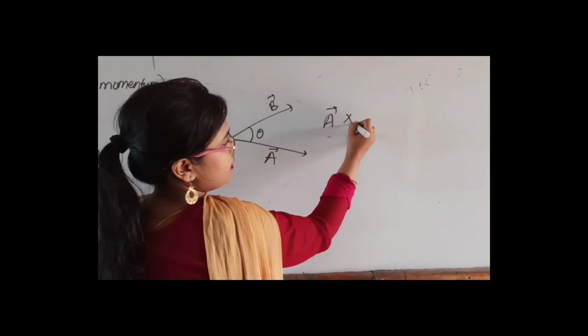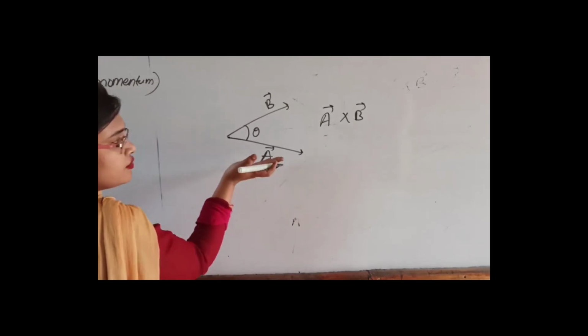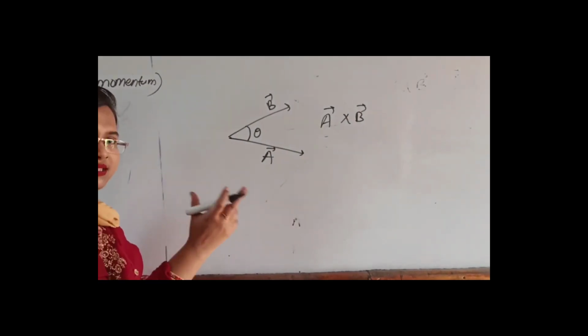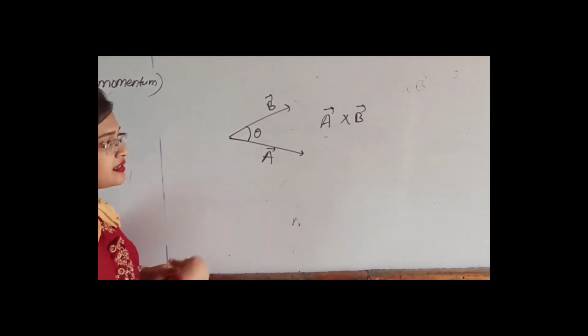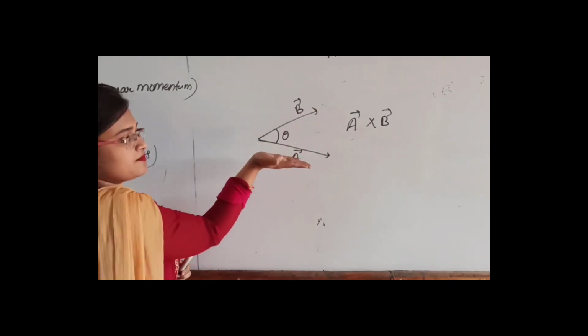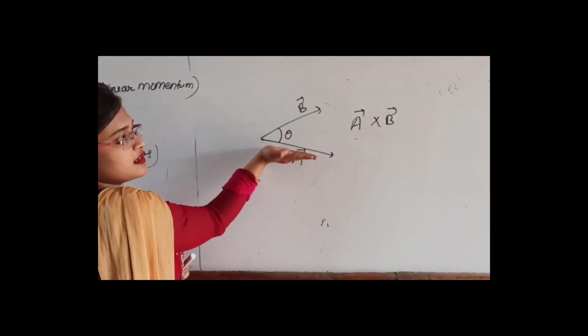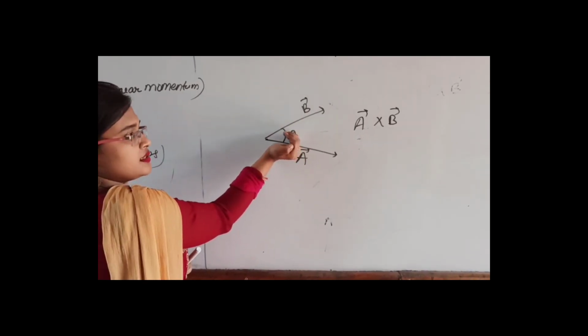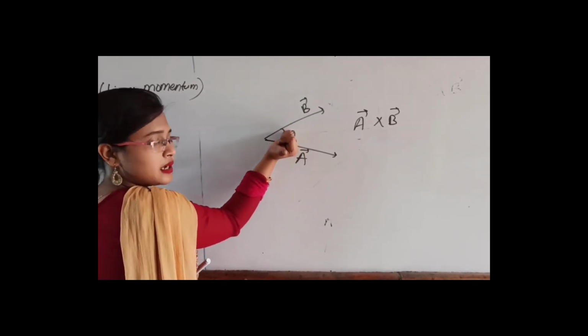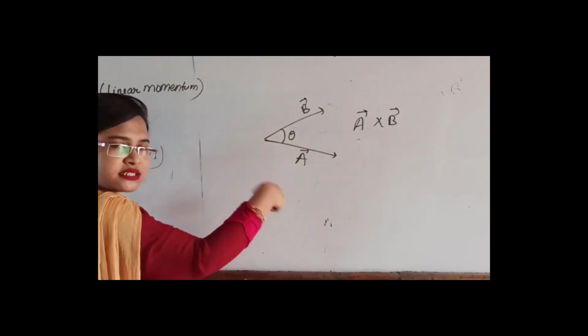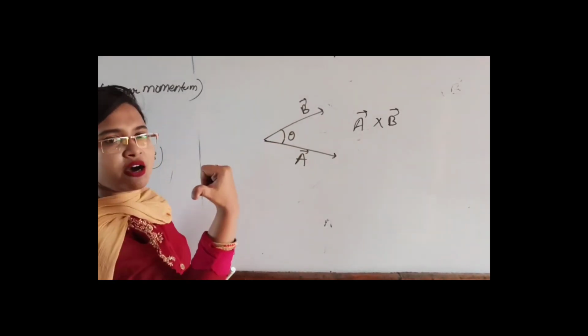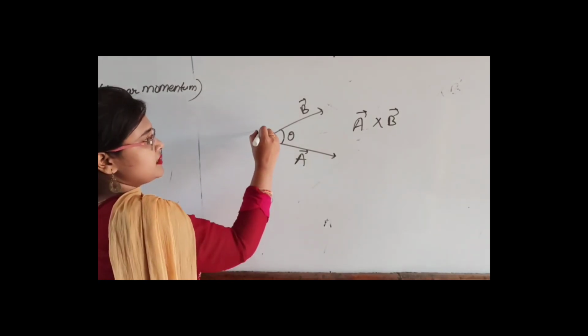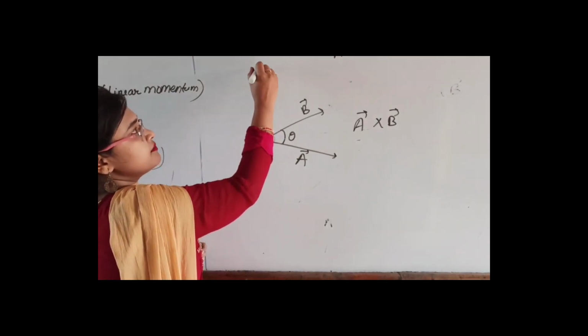A cross B. So I know the magnitude is AB sin theta, but what about its direction? Use the right hand rule. Curl the fingers in the direction such that it is rotated from A to B, and stretch your thumb out, and you will see the direction is perpendicular to the plane, but it is outward. Clear? But it is outward.